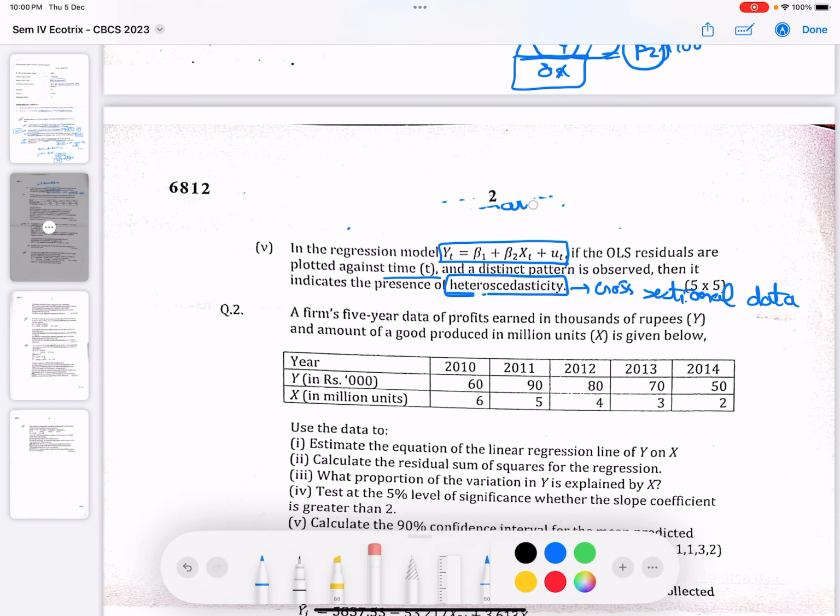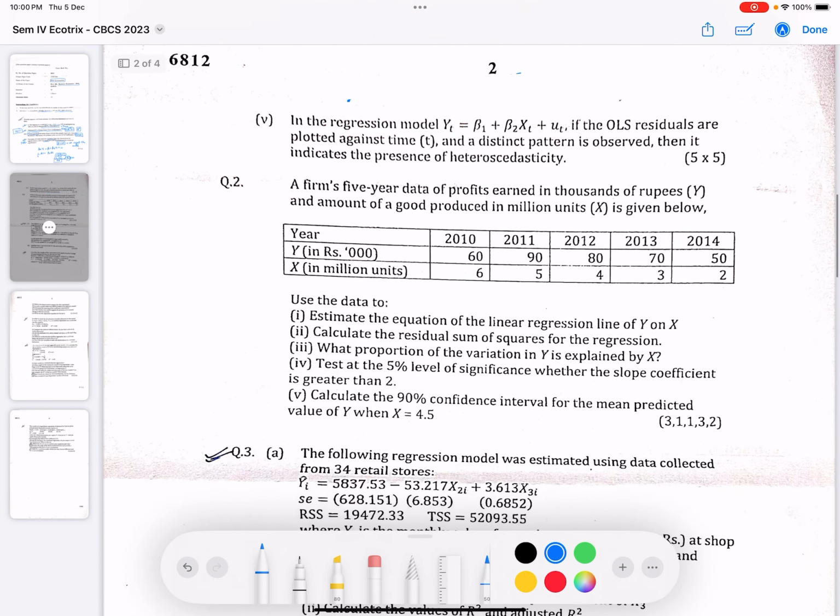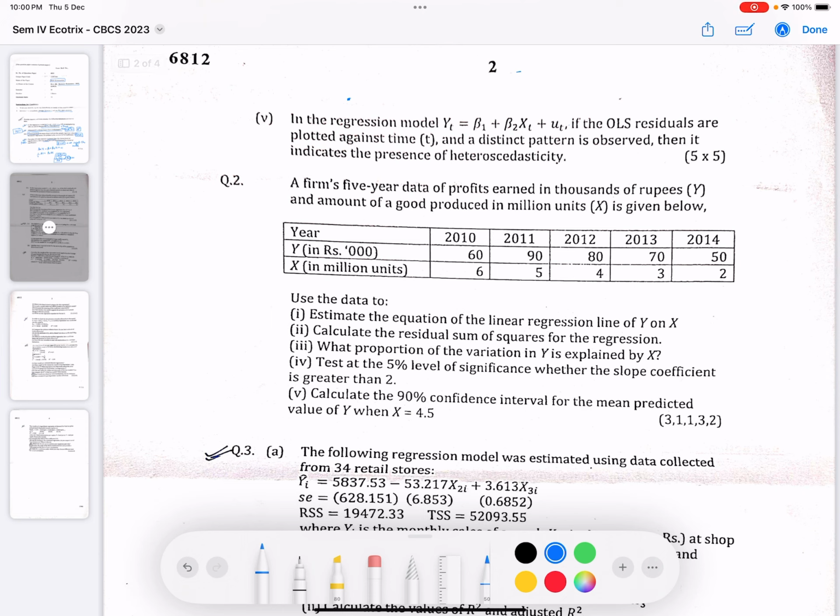You can just have a look at this question. Now in this case, we are supposed to find, from 5-year data, so n is 5 here, of profits earned in thousands of rupees. Y denotes profit, and x denotes amount of goods produced in million units.